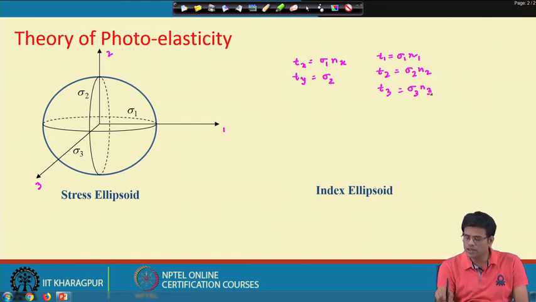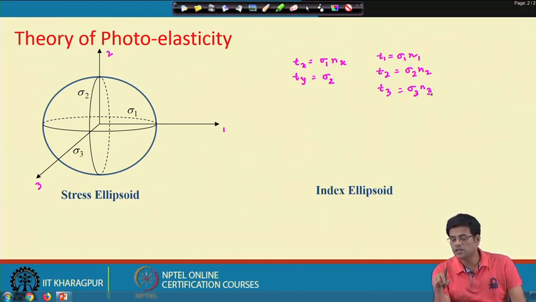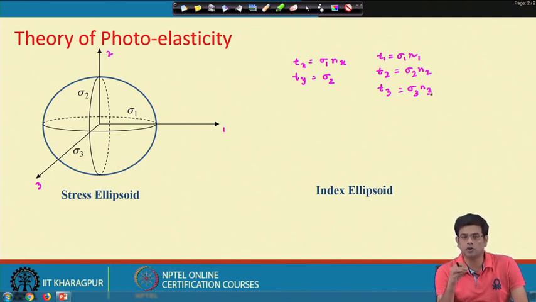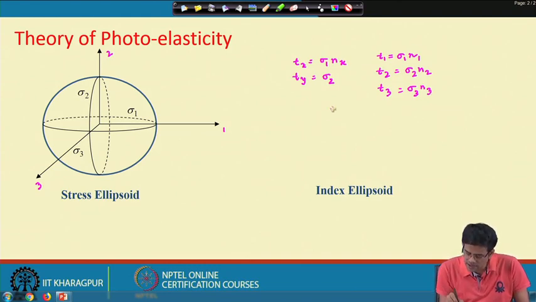If you manipulate this to remove n1, n2, n3, that is the direction cosines, essentially the angle between an axis and the normal direction of the plane, and express T1, T2, T3 in terms of sigma 1, sigma 2, sigma 3, then it represents an equation of an ellipsoid: T1 squared over sigma 1 squared plus T2 squared over sigma 2 squared plus T3 squared over sigma 3 squared equals 1.